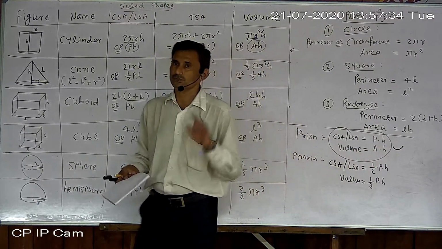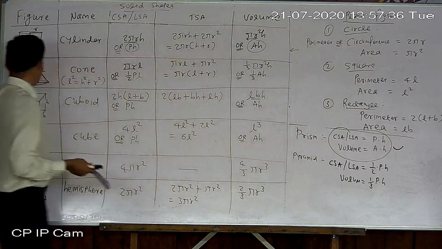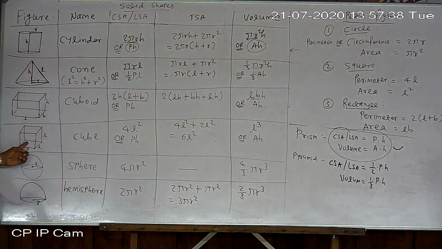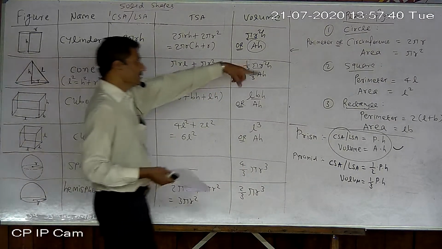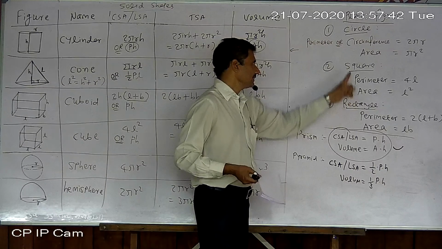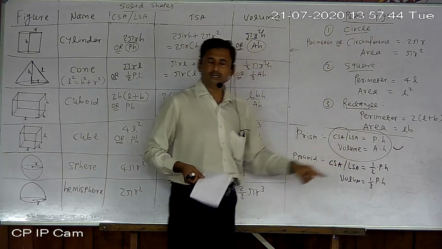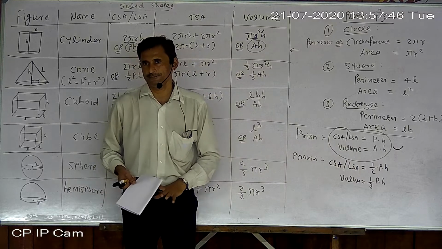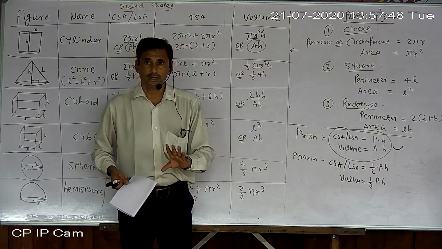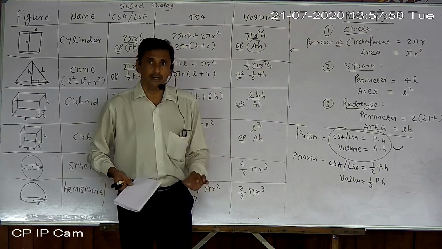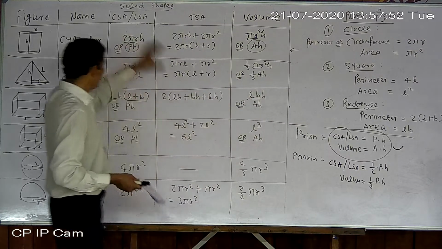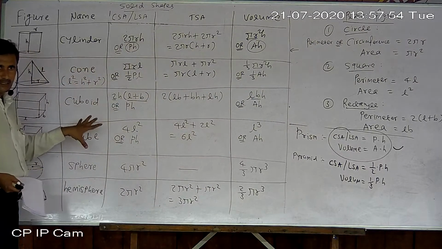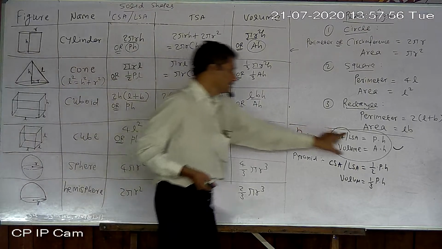Base. So base may be a circle, rectangle or square. That's why I have written here circle, rectangle and square, perimeter as well as area, so that you need not memorize all these formulas blindly. You can understand by this formula only.